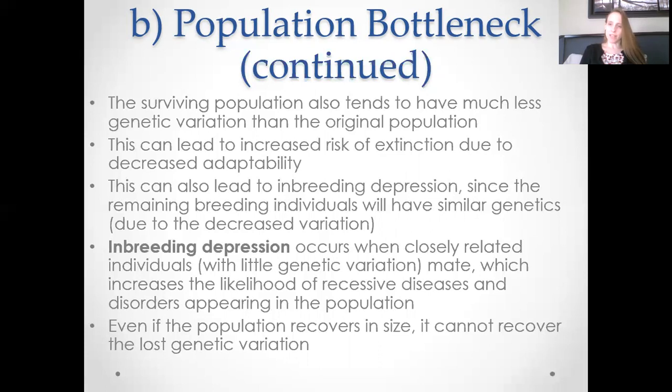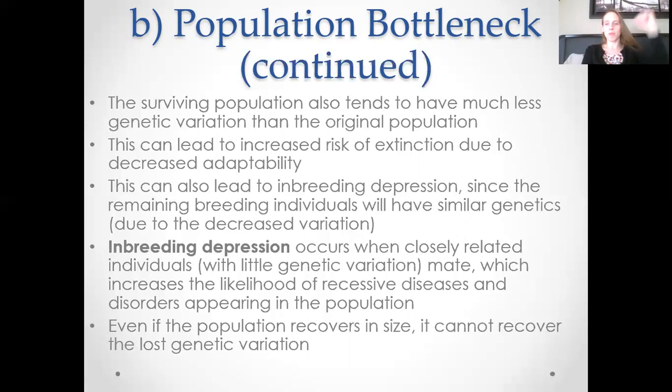So the more closely related individuals are when they mate, the more likely they are to both be carriers for a recessive disease or disorder, which means they're more likely to have a child with that disease or disorder. This is why it's illegal for siblings to mate with each other, or in most places cousins or anything like that. I mean, aside from the fact that it's gross and creepy, it would also increase the risk of mutations and diseases and disorders in their offspring.